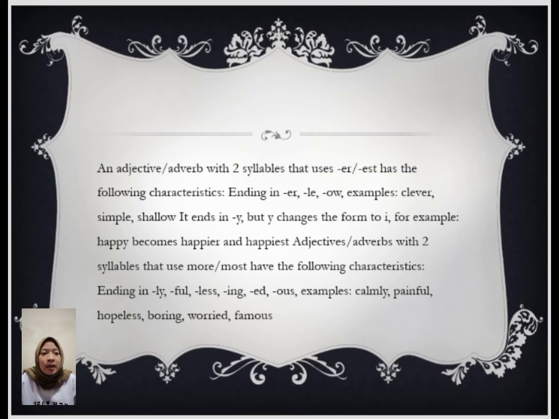For example, happy becomes happier and happiest. An adjective or adverb with two syllables that uses more or most has the following characteristics: ending in ly, ful, less, ing, ed, ous. Examples: calmly, painful, hopeless, boring, worried, famous.